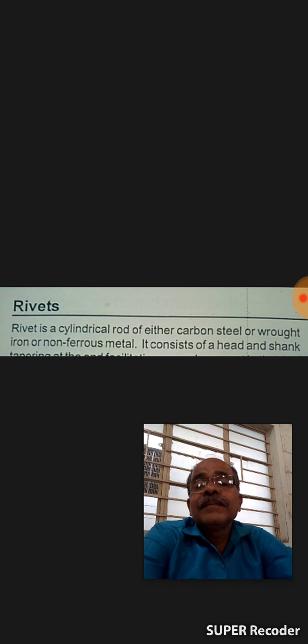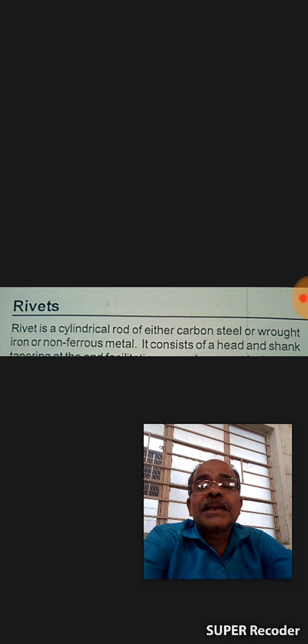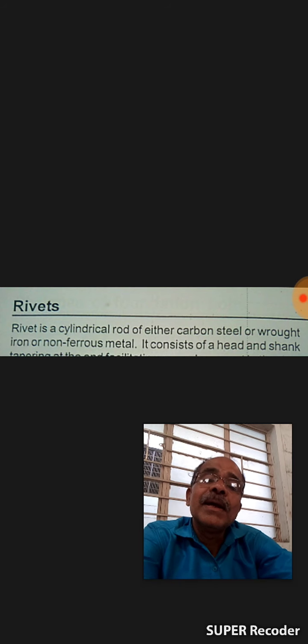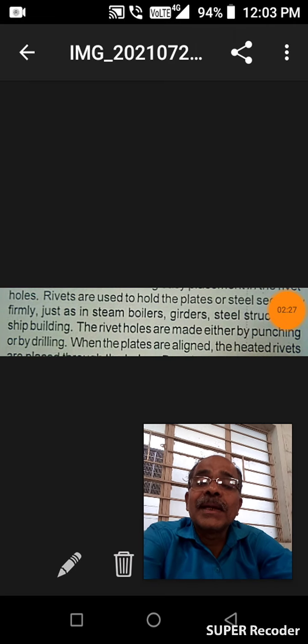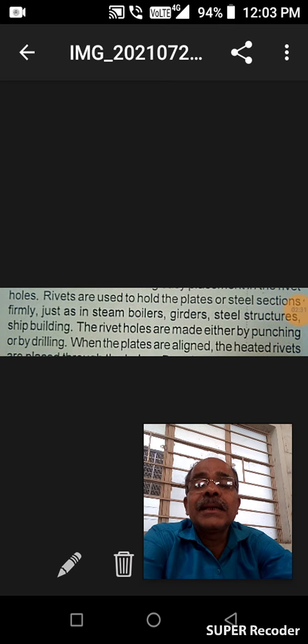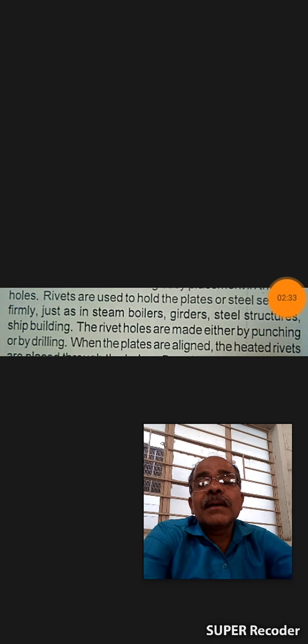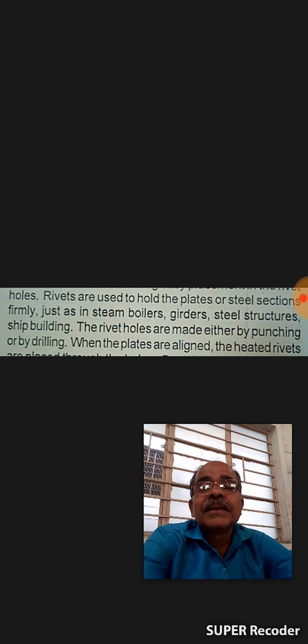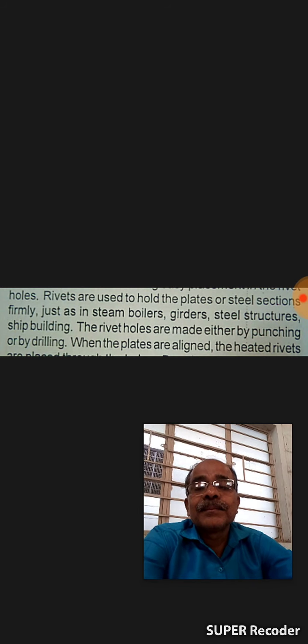A rivet is a cylindrical rod of either carbon steel, wrought iron, or non-ferrous metal. It consists of head, shank, and tail. Rivets are also used to hold plates or steel sections firmly, as in steam boilers, girders, steel structures, shipbuilding, etc.